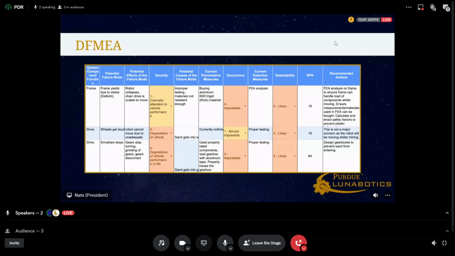Alright, so as for the DFMEA, a couple of the ones to consider are listed above. Firstly, the frame was seen to bend last year due to moments and the stresses. To compensate for that, we are to look into the FEA analysis, and if applicable, we would buy thicker material.